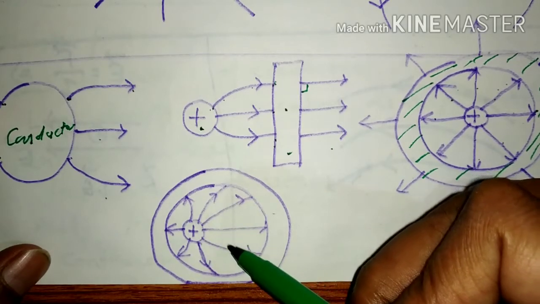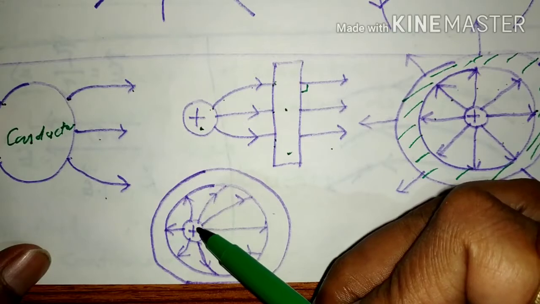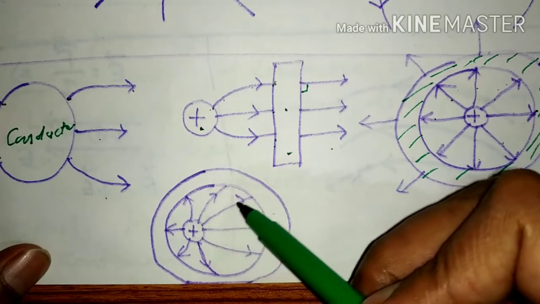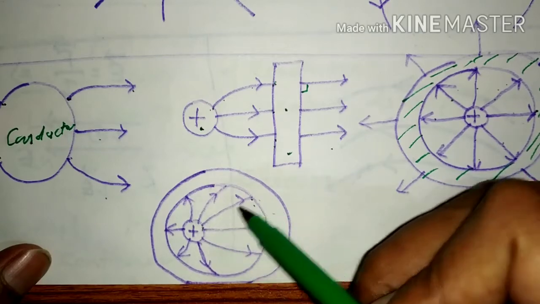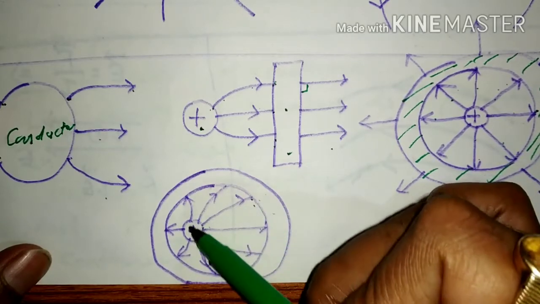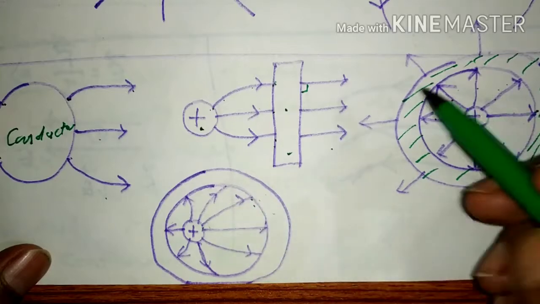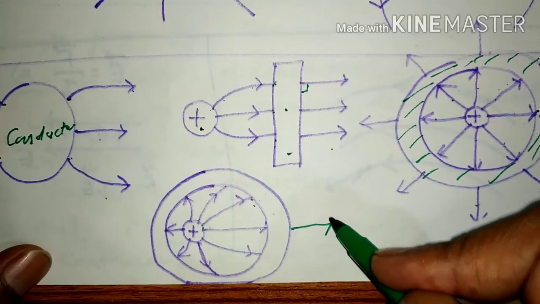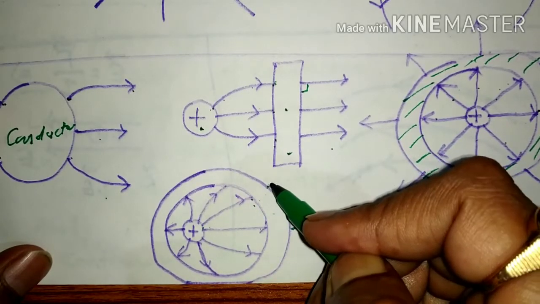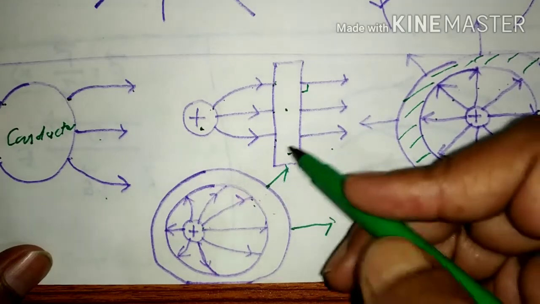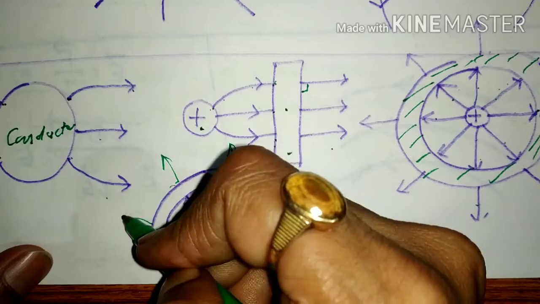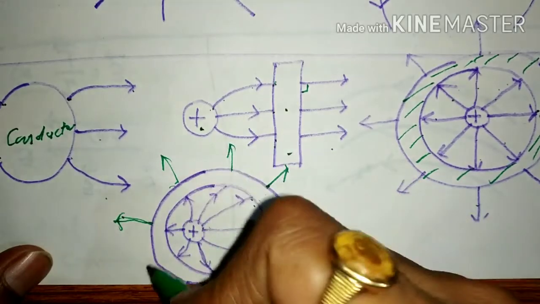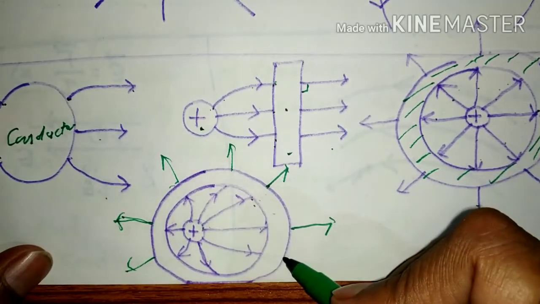Electric field lines will start, but this will follow the agreement that electric field will fall on the metal surface perpendicularly. So these field lines are falling on the metal surface perpendicularly, and again they will emerge out from the metal surface perpendicularly. The electric field lines will come out of the surface perpendicularly.